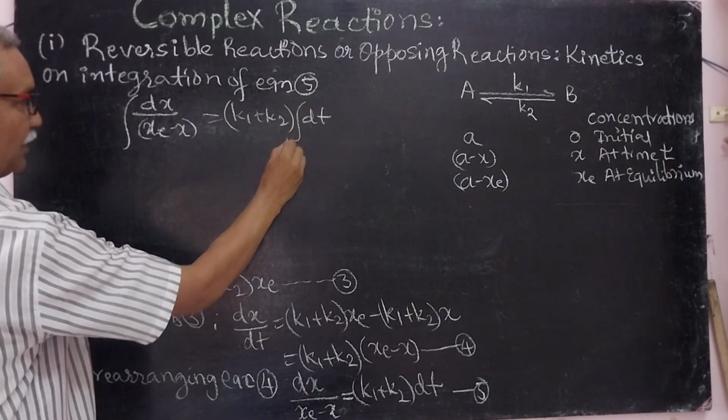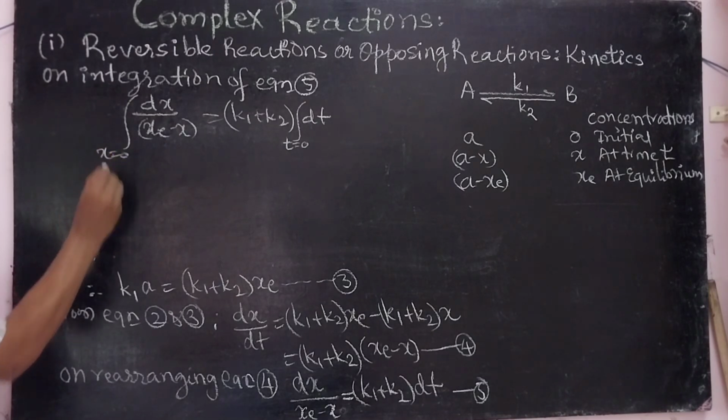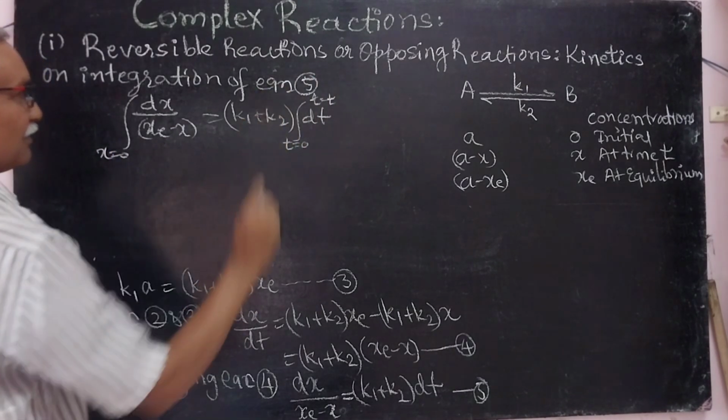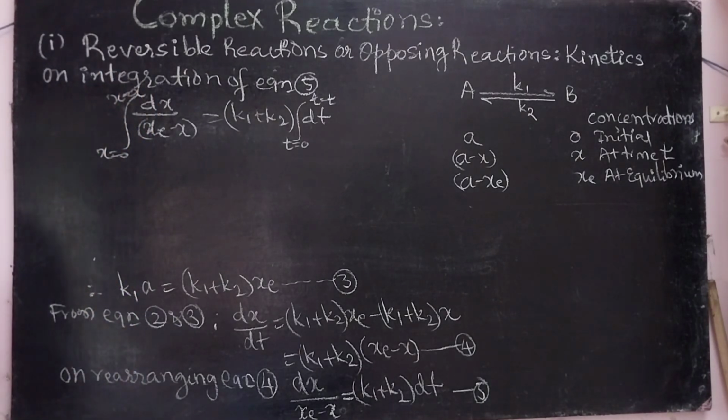When t is equal to 0, x is equal to 0. When t equals t, x equals x.